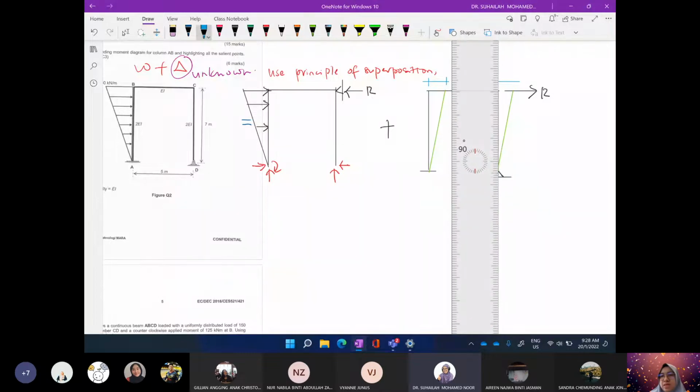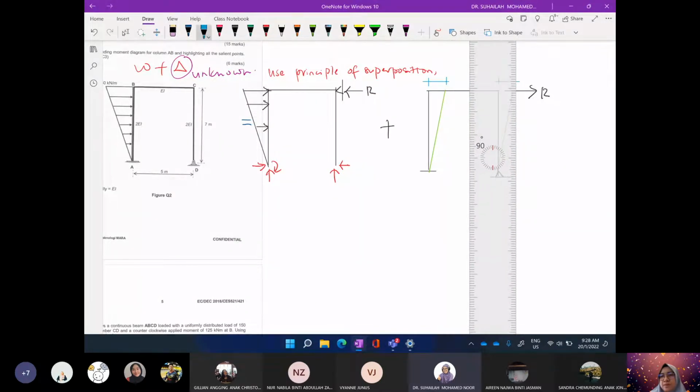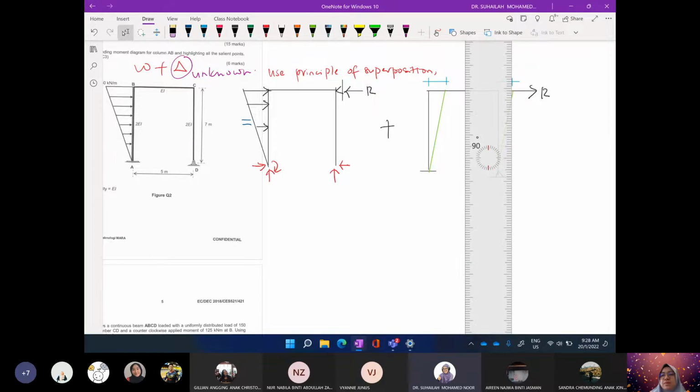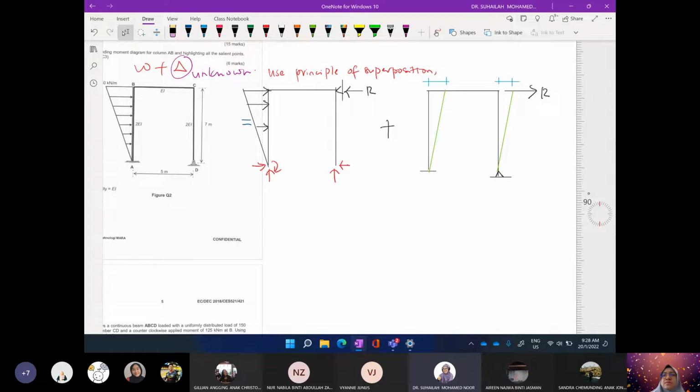Okay, this is for C. Okay, so this is actually the delta. The deltas are the same.